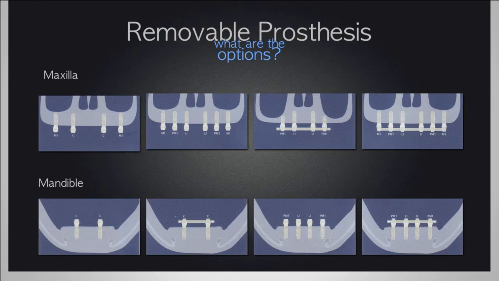For removable restorations in the mandible, you can use 2 implants with a telescopic attachment or a locator, 2 implants with a bar, 4 implants with a telescopic attachment, and 4 implants with a bar. On the maxilla, you can again use 4 implants with some sort of telescopic restoration, 6 implants with a telescopic restoration, 4 implants with a bar, or 6 implants with a bar.